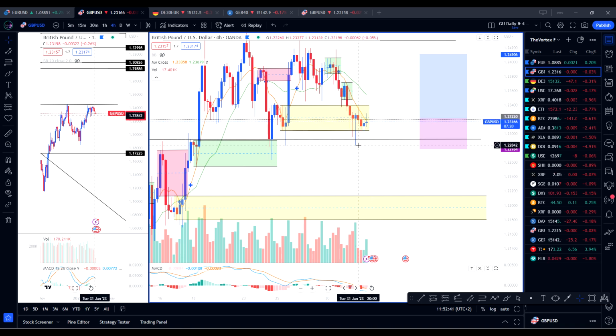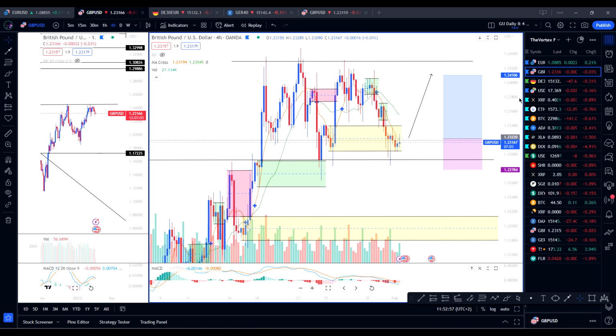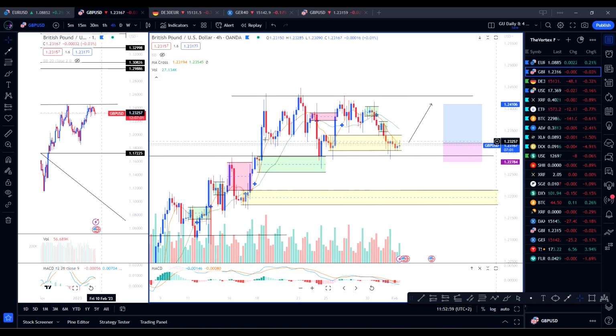Price tried to wick down, missed my stop loss by a couple of pips, which is great. Well, it's not a couple of pips, it's a bit more than that. This is the 4-hour time frame, and we are waiting to see whether price is going to continue upwards, because we are clearly ranging. Right now in the 4-hour time frame on GU, we are ranging between support, resistance, resistance, support, support, resistance, support.